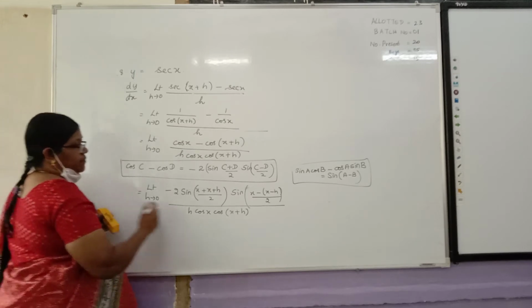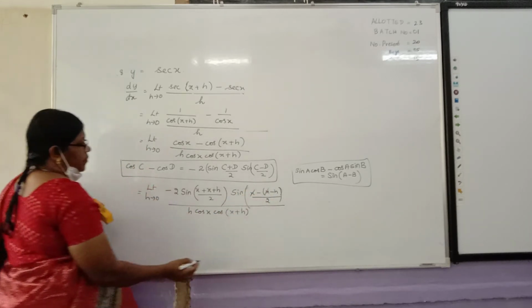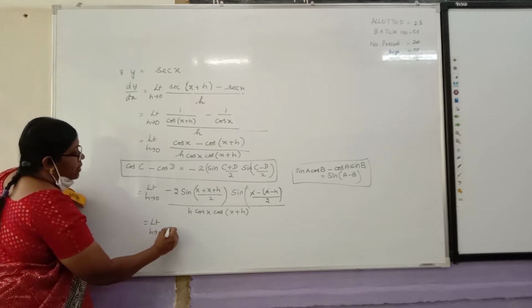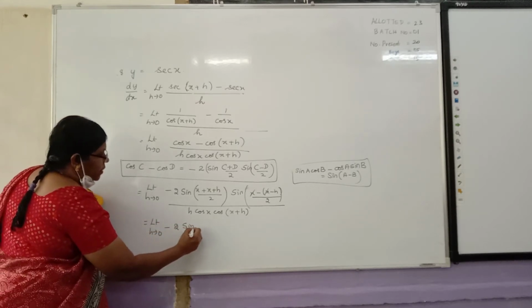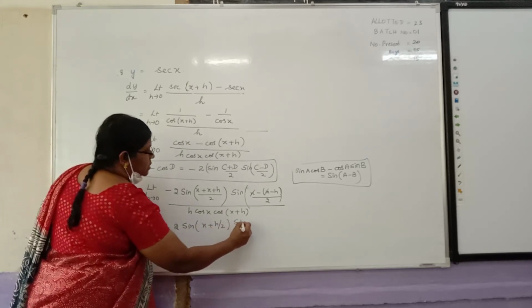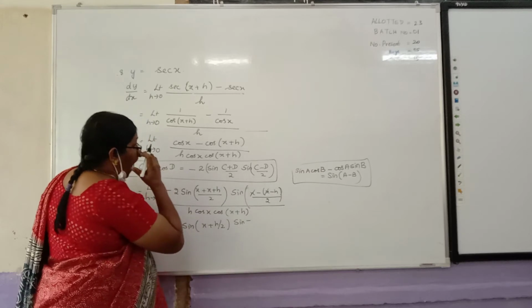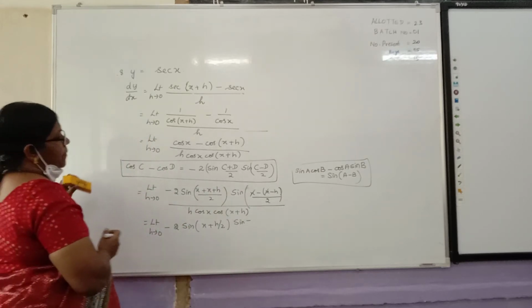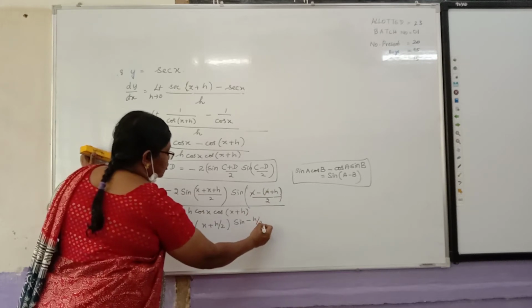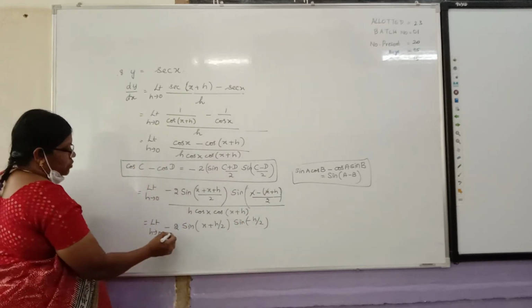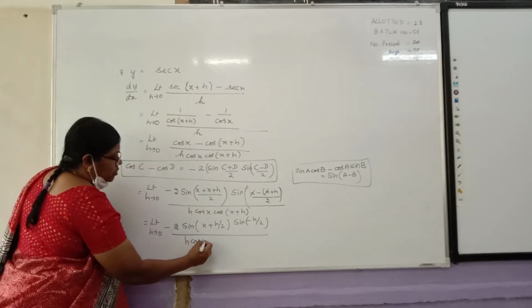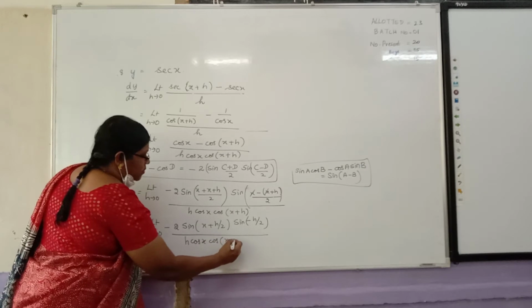Just like the previous sum, x gets cancelled. So I have limit h tends to 0, minus 2 sine of (x plus h) by 2, here minus h by 2, divided by h cos x cos of (x plus h).